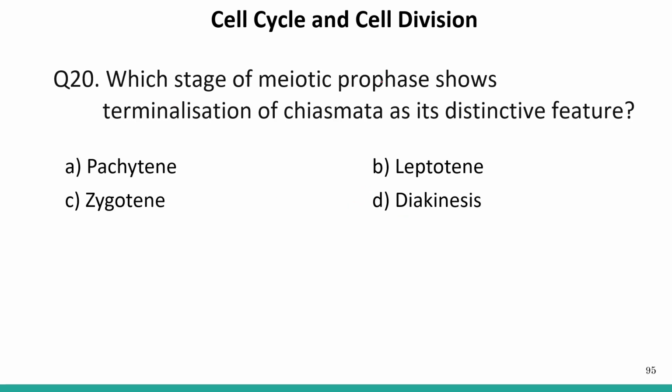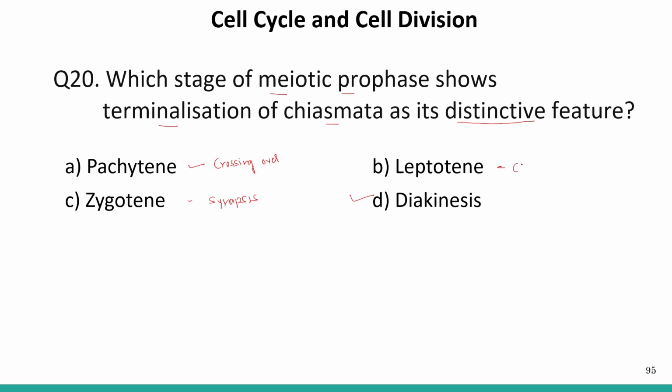Now next question is, which stage of meiotic prophase shows terminalization of chiasmata as its distinctive feature? This is also a straightforward answer. Diakinesis. Pachytene, crossing over is seen during pachytene. Zygotene, synapsis is seen, meaning pairing of chromosomes.